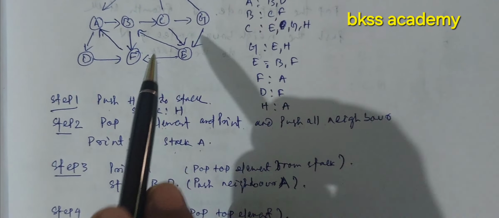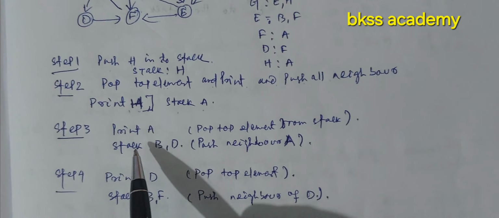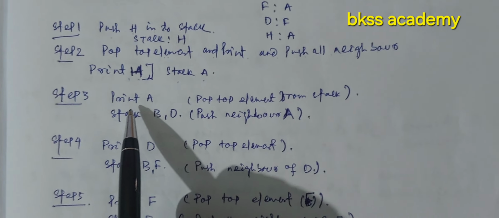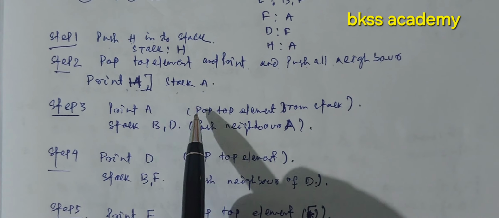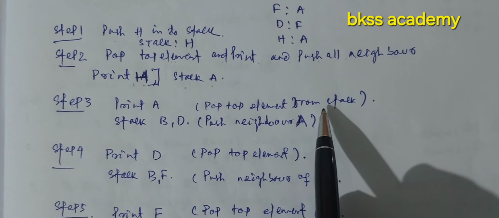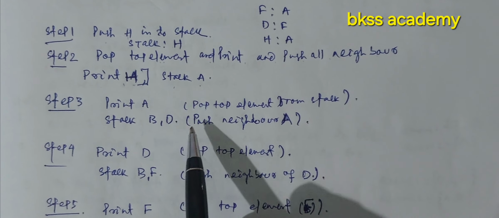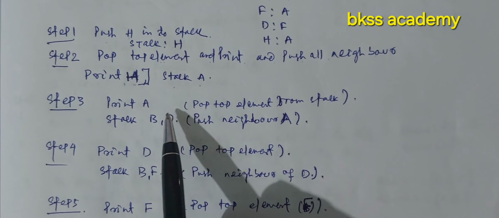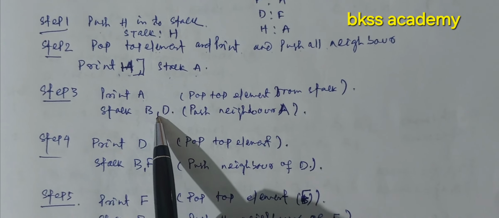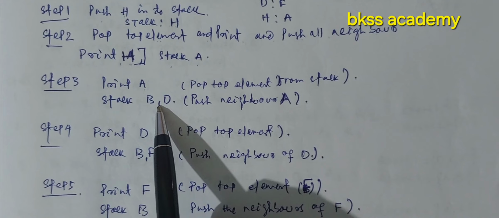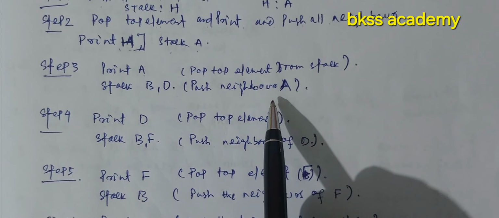That is A. In step 3, print A, that means after H, A is printed, and pop from the stack, that means A will be popped. Then the neighbors of A will be pushed into the stack, what I have written here.